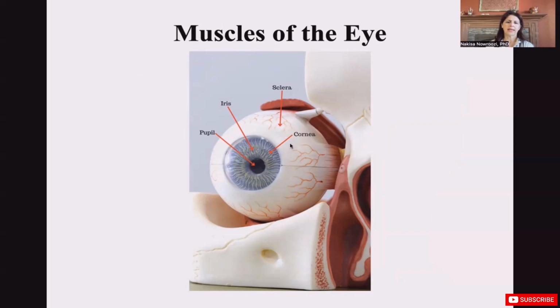Here we're looking, again, muscle of the eye is on the top, but this time we're going to look at the eye itself. This is the superior rectus again that we're looking at. Sclera here, cornea, the clear part of this covering. Iris is the colored part of the eye, and pupil is the opening that light goes through.